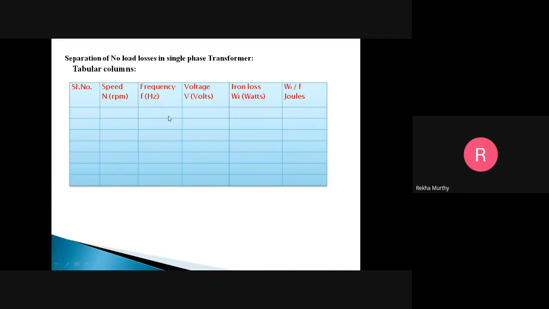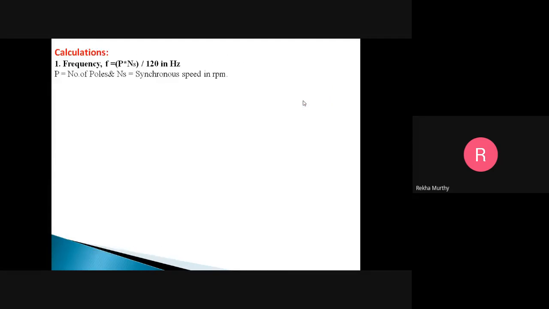Frequency we calculate using the simple formula Ns = 120 f by P. The number of poles is 4, so we substitute and find the frequency. Then Wi by f, this is the ratio we have to find out.